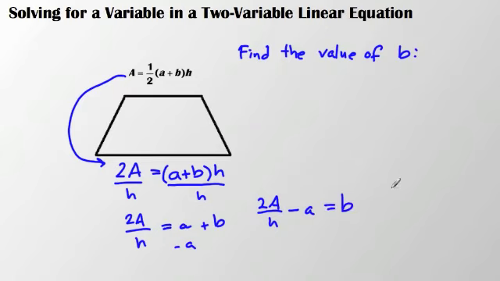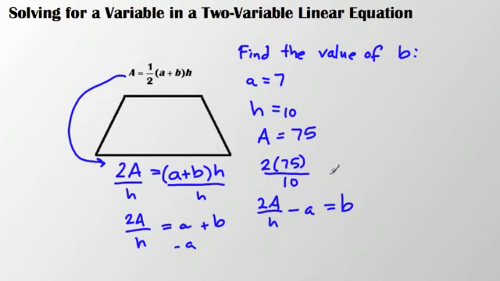minus little a equals b. So if you're given a problem, find the value of b when little a equals 7, h equals 10, and the area, big A, equals 75, I can go ahead and plug in those values instantly and I would be able to solve for b.